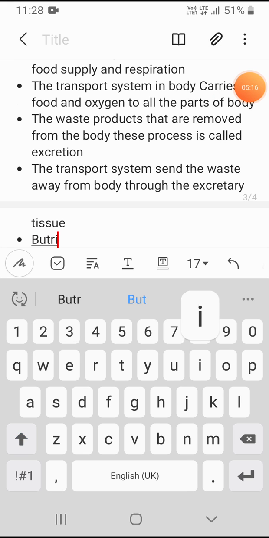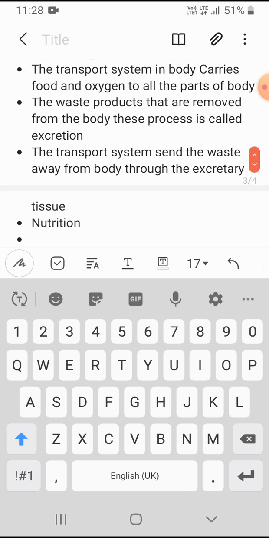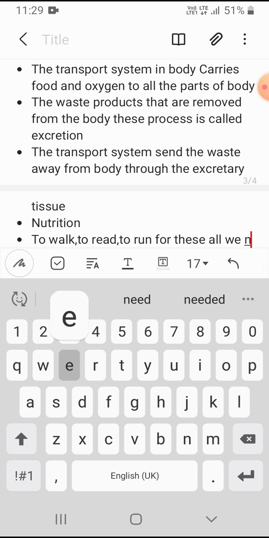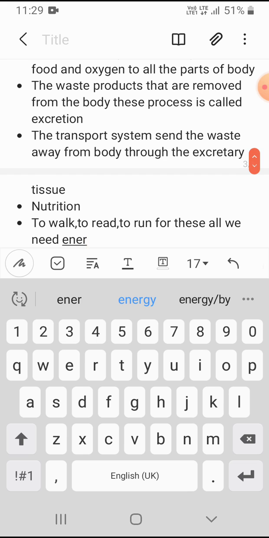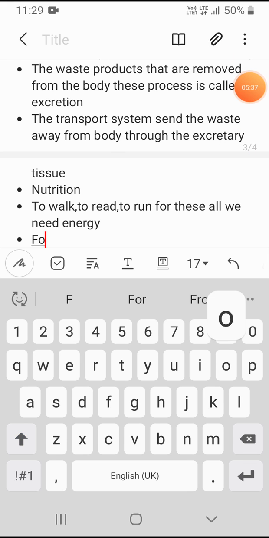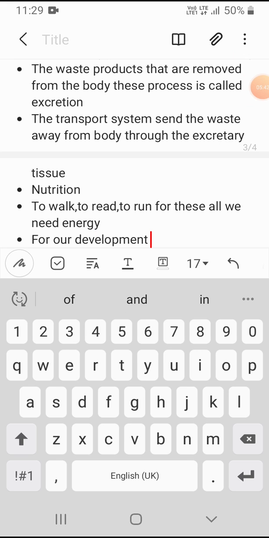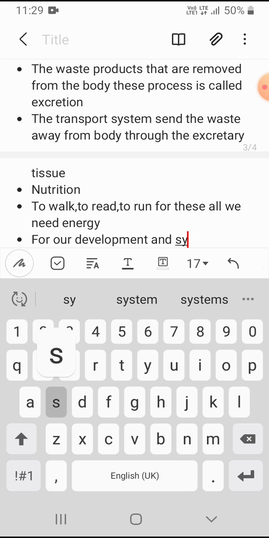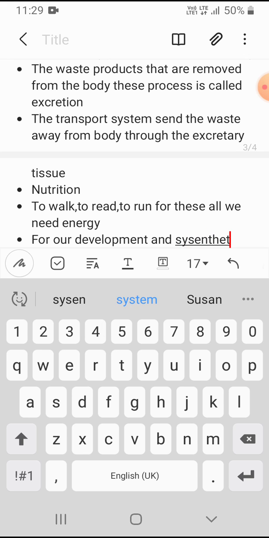Next is nutrition. To walk, to read, to run, for all this we need energy. We also need energy for body development and for synthesizing protein.